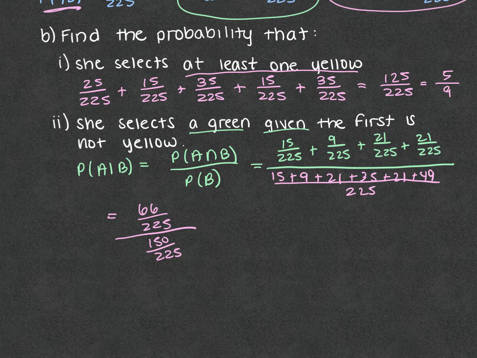If you remember dividing fractions, this is really 66 over 225 times 225 over 150. So the 225s cancel out, and it's just 66 over 150. Okay, and we can simplify this. This would be 33 over 50.